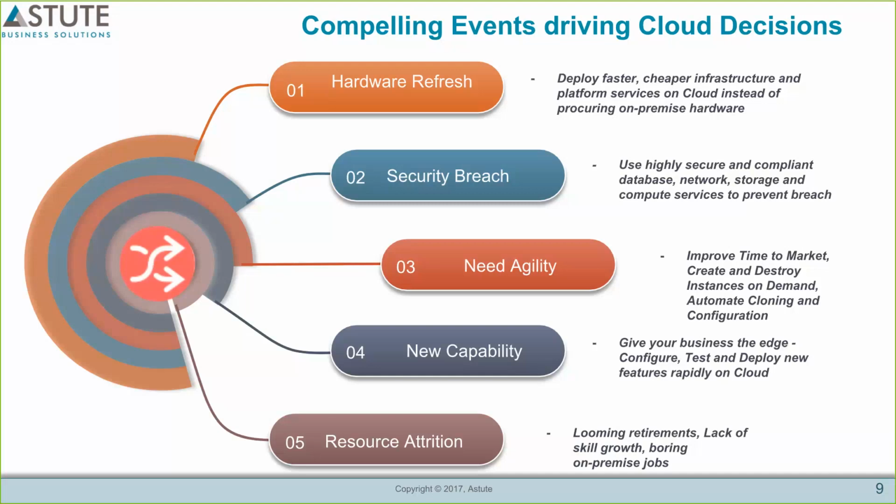New capabilities. Everybody wants new features. They want enhancements. They want mobile capabilities. They want chatbots and AI, and they want the latest that the business is always asking for. Give your business the edge. Do not have them wait on legacy applications that will take years to upgrade. Leverage cloud for that.